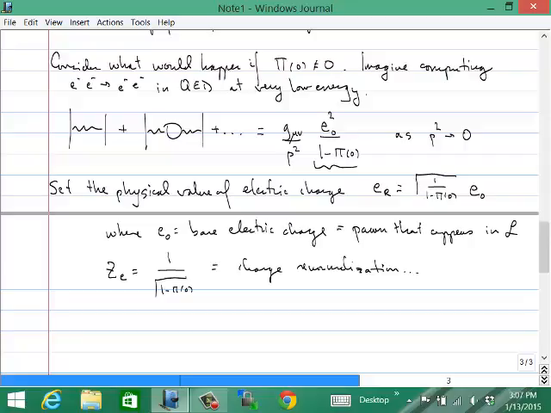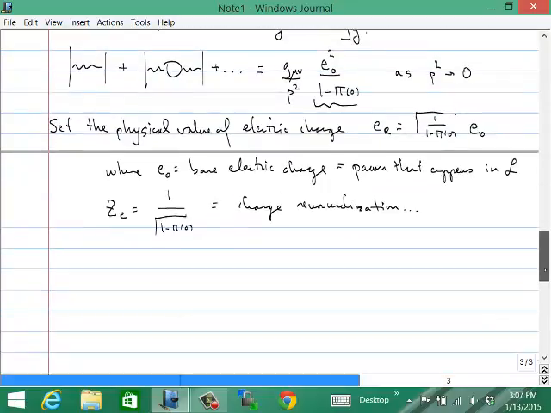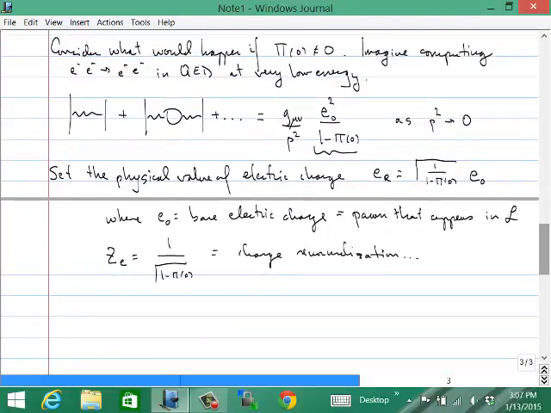Now, we can take this one step further. Before I go ahead and calculate pi, I want to tell you a little bit more about how we can interpret this function pi. So I've discussed here the definition of the physical electric charge in terms of some low energy process. Let's now consider what would happen if we have some finite energy process.